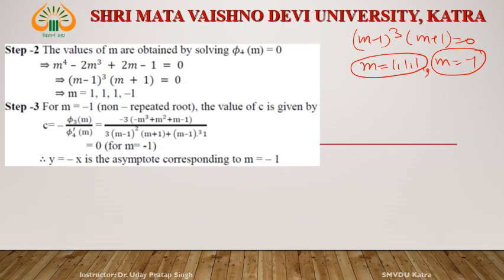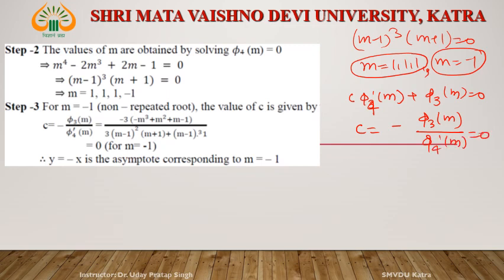Then for m is equal to minus 1, what is the formula? C phi 3 dash m, sorry, phi 4 dash m plus phi 3m is equal to 0. Then C can be written as minus phi 3m divided by phi 4 dash m, and m is equal to minus 1, right?